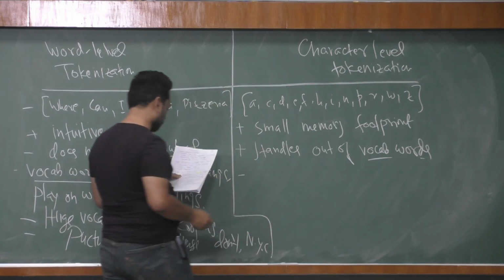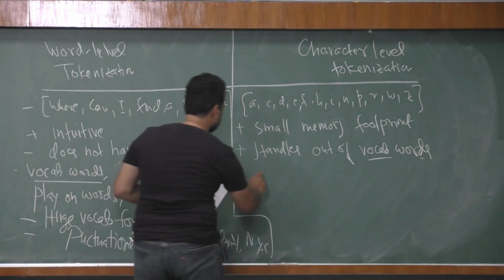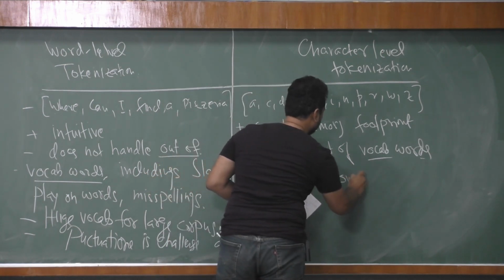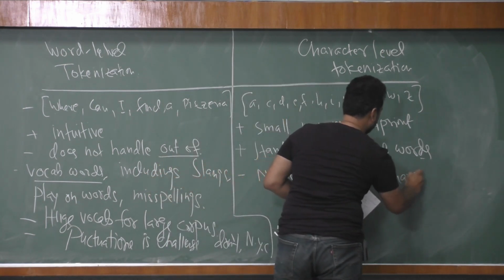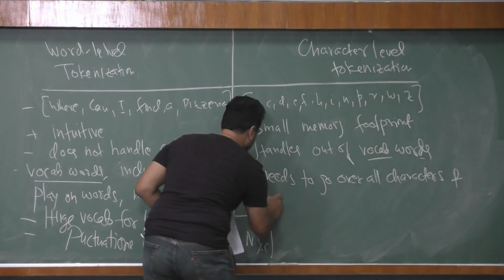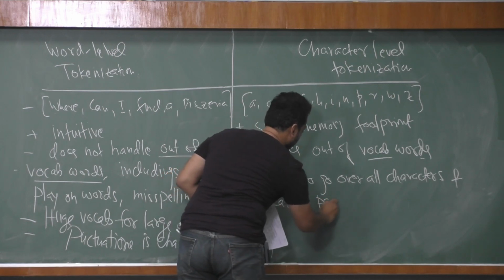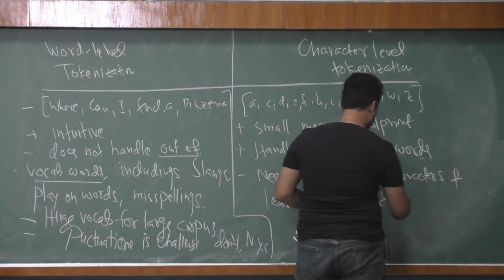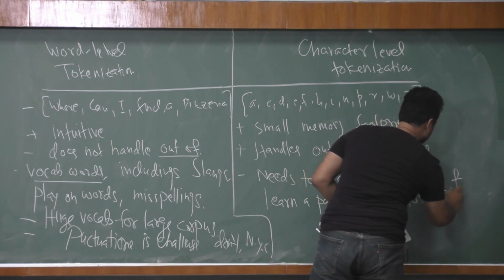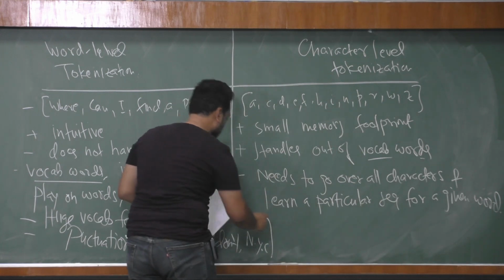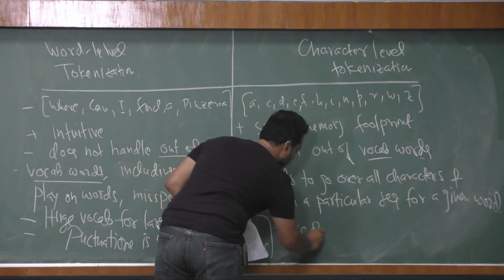So the negative of this is that it needs to go over all the characters and learn a particular sequence for a given word, and there is sometimes a loss of performance.